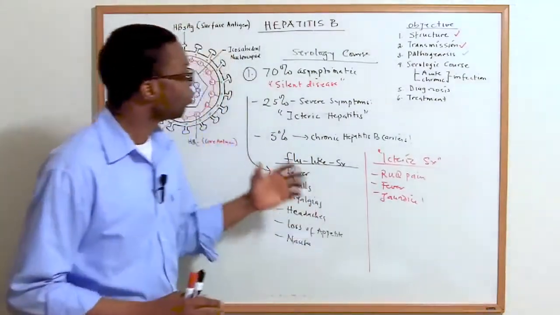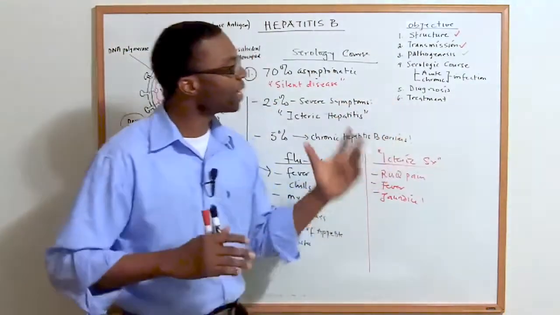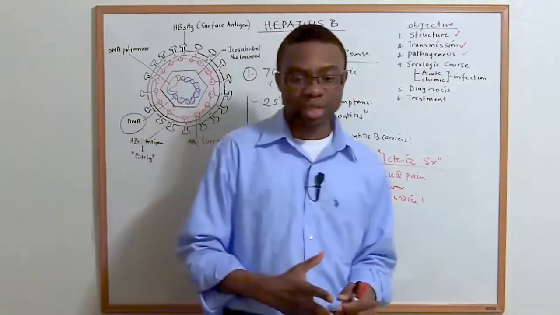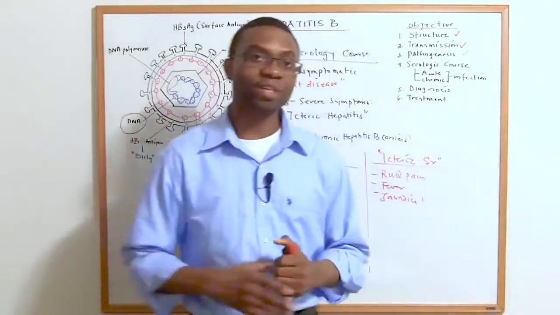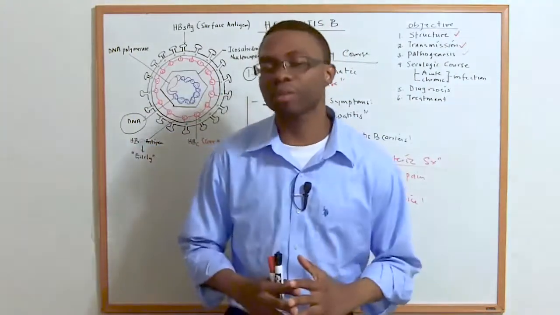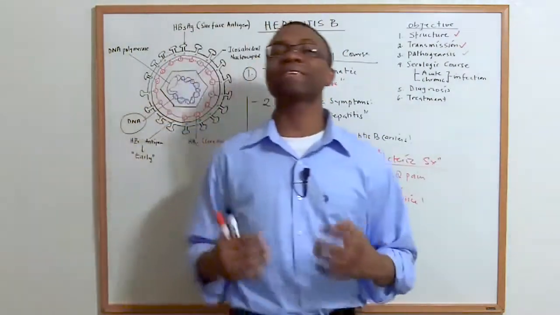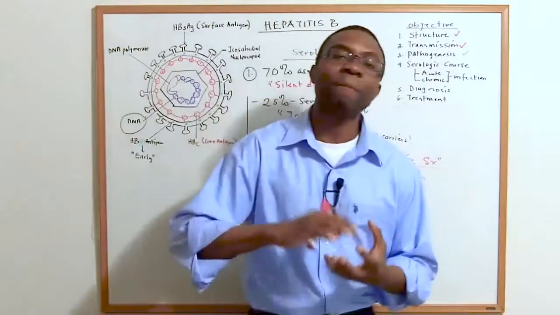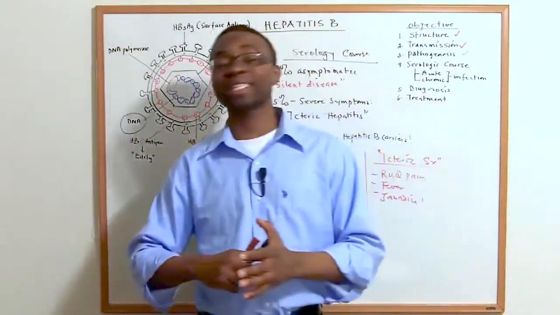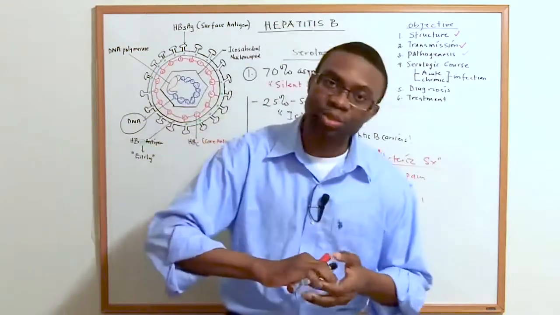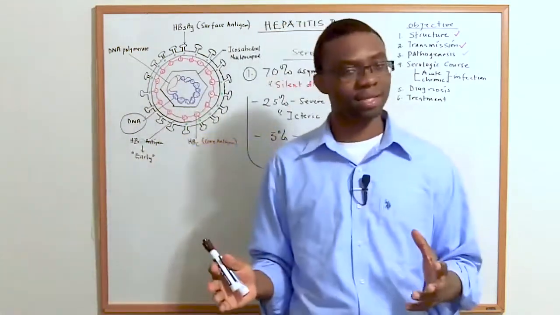Now we need to go over when the patient has an acute versus chronic infection of hepatitis B. Most people, when they get the infection, their body actually clears the virus. The body mounts antibodies against the antigens, and you get rid of the virus and you're fine.